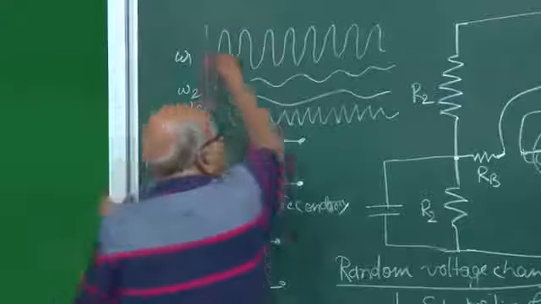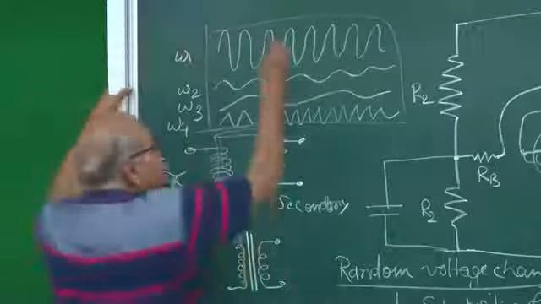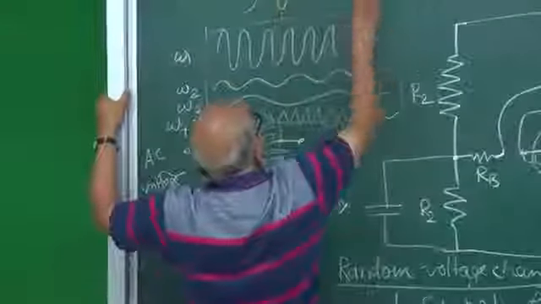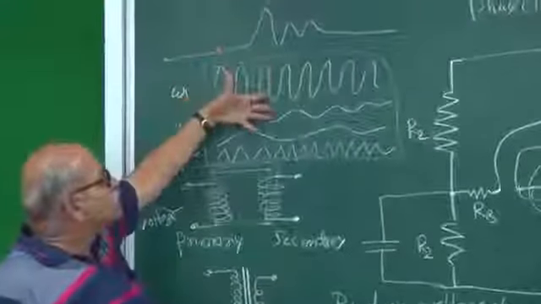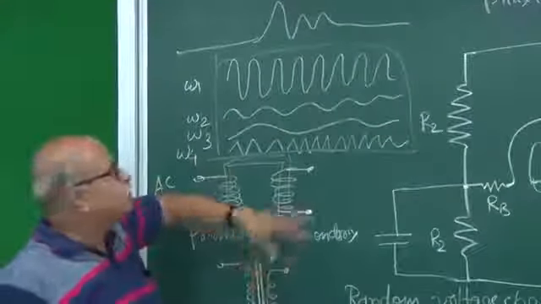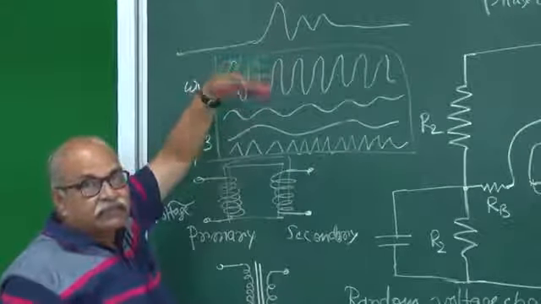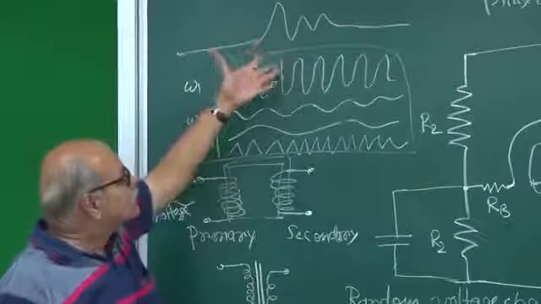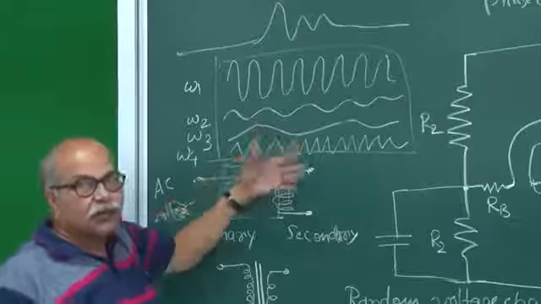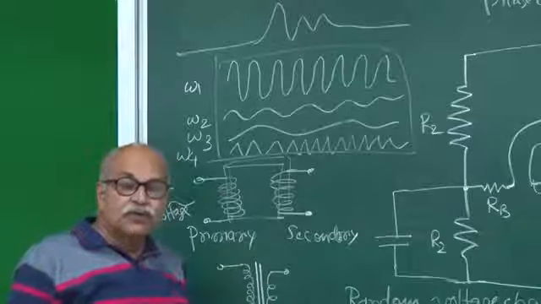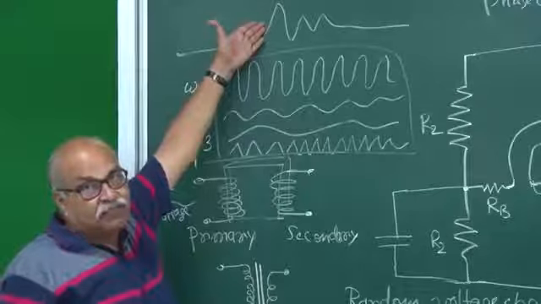If you add all these things, you can produce varieties of waveforms. Like for example, you can produce this kind of thing. This can be taken as this plus this plus this plus this. So any kind of shape can be decomposed into a summation of sine waves with different frequencies and different amplitudes. What frequencies are chosen and what the corresponding amplitudes are will decide what kind of final shape appears.